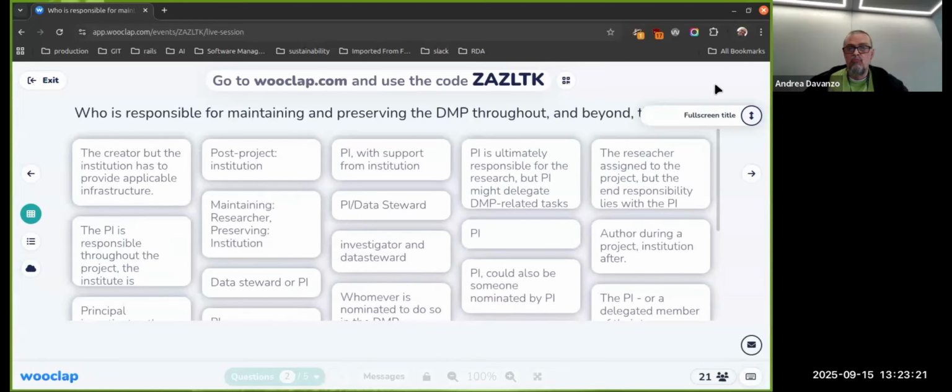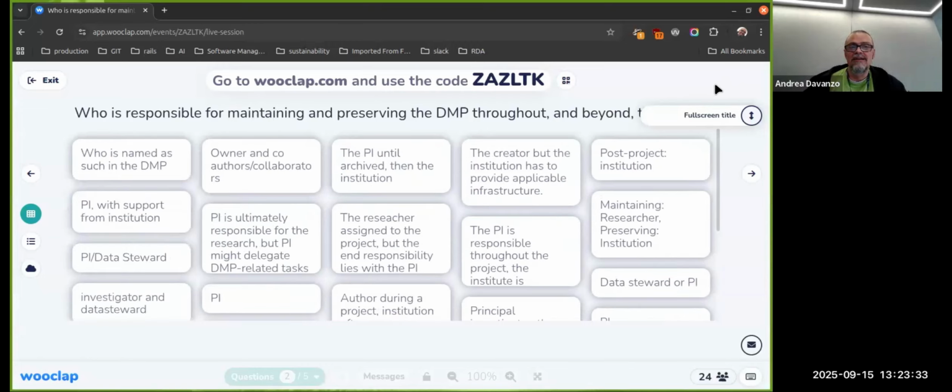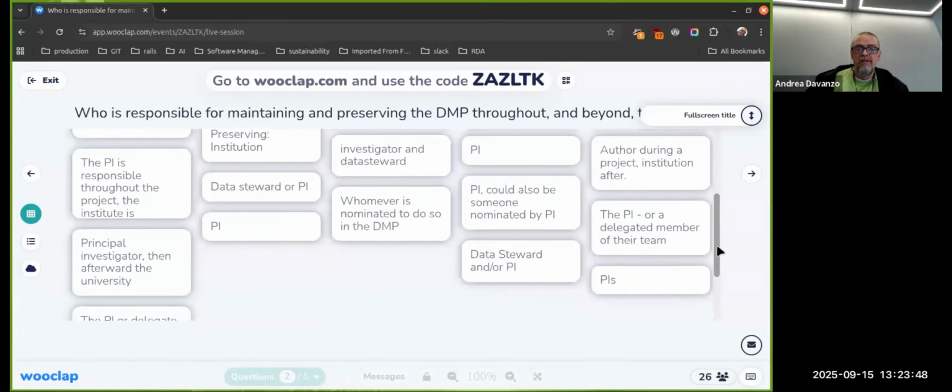I would say that pretty much everyone agrees about the PI, and there is a lot of confidence in this. And the ownership, I mean the author and collaborators on a DMP, that is very common.